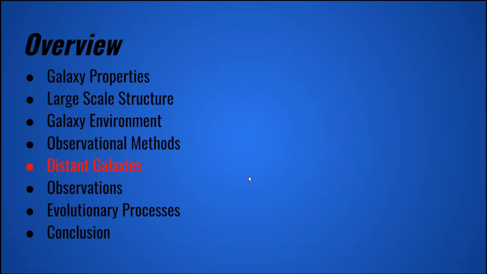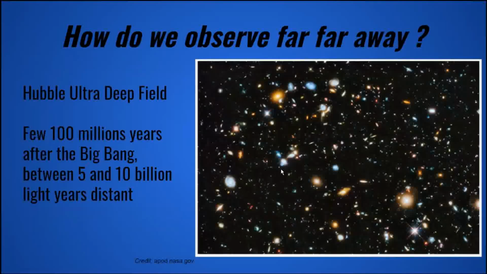Right, there's the other problem. We have told you how to observe things, but what happens when we try to observe far away? Well, the observation of very distant galaxies started with Hubble. But again, it's a photo. And so using a technique that I'll explain in a minute, we can try to identify which one of these galaxies is really far.